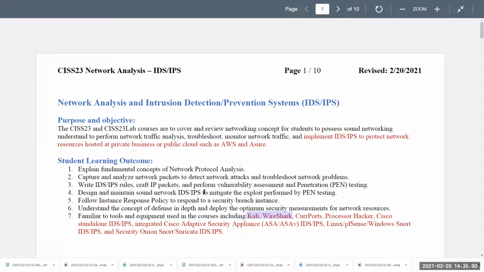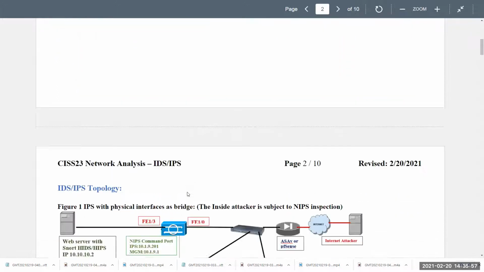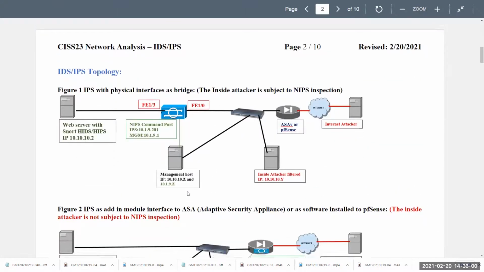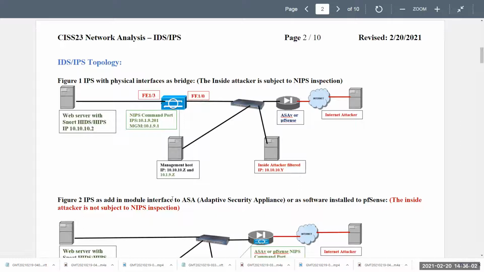And we're going to use Kerbrute, Process Hacker, using Cisco IPS IDS standalone, and also the virtualized Cisco box and the virtualized Linux standalone Snort and pfSense, and also Security Onion, which is also a Linux-based IDS IPS system loaded with either Snort or Suricata. So let's take a look at the topology for the IDS IPS.